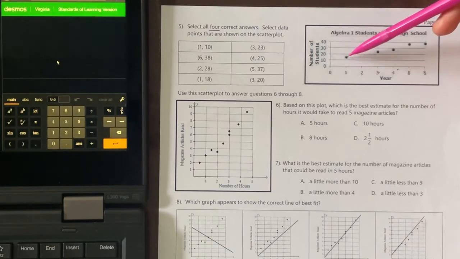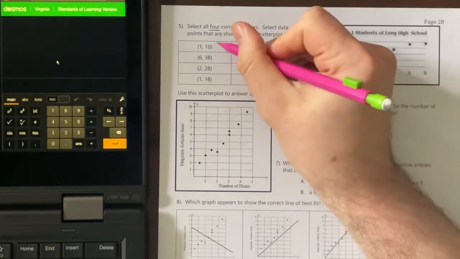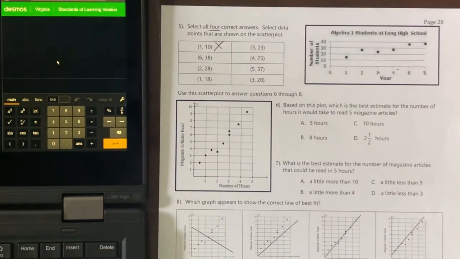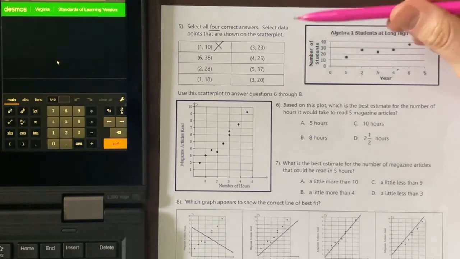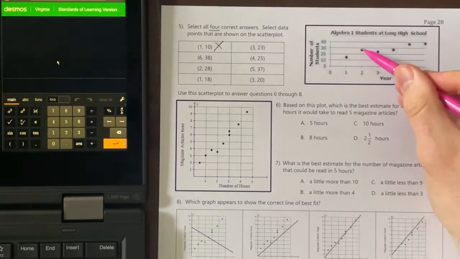So for this one, it says 1, which I don't think is going to be on 10 since that would be a little bit lower, so it's not going to be that one. It could be 18, but I'm going to hold off on that one. What about 2? It's between 30 and 20. That seems reasonable to me, where it's closer to 30.